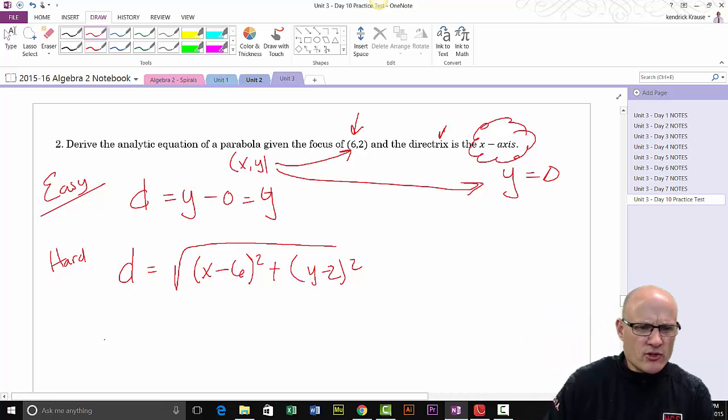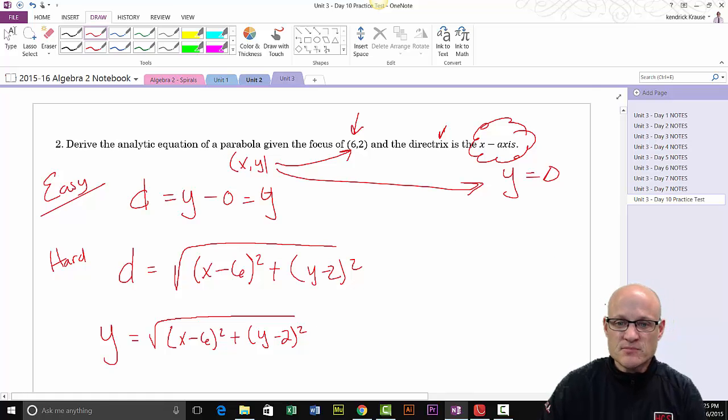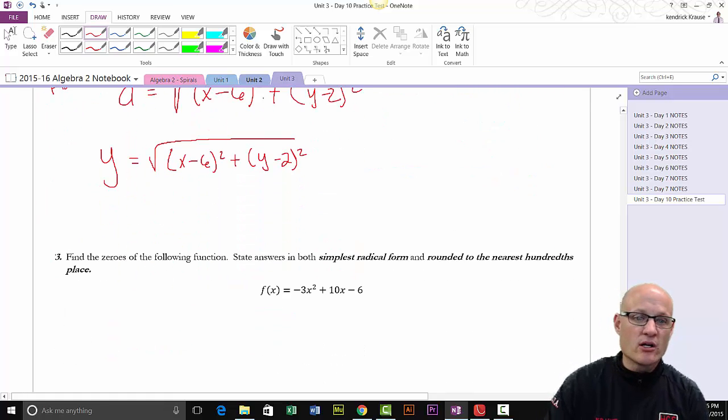So I get y is equal to the square root of x minus 6 squared plus y minus 2 squared. To get rid of this square root, I'm going to square both sides. Well, you notice the left side's pretty easy. It's just y squared.